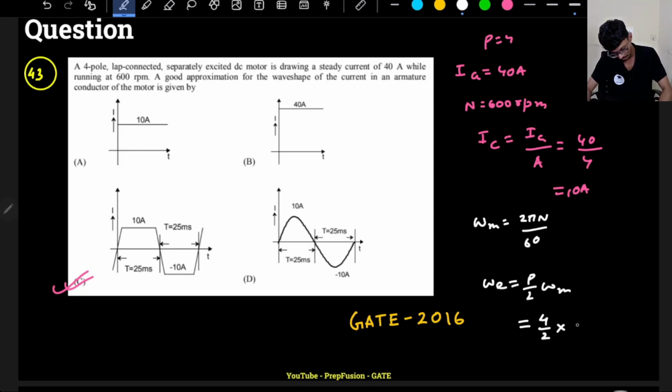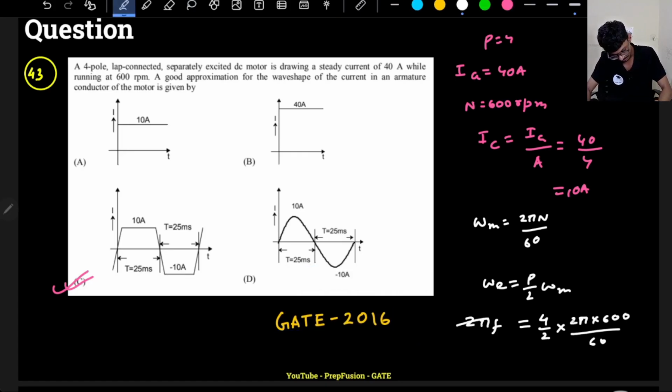Omega m is 2 pi N, 600 divided by 60. And what is omega e? Omega e is 2 pi f. So 2 pi will get cancelled, and f will be basically 20. F is 20 hertz.